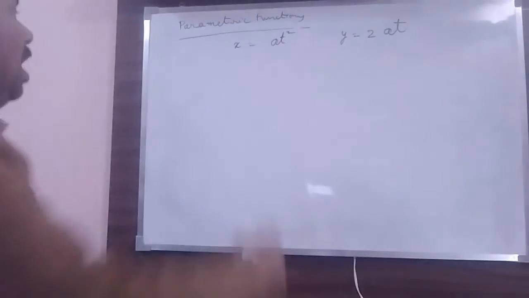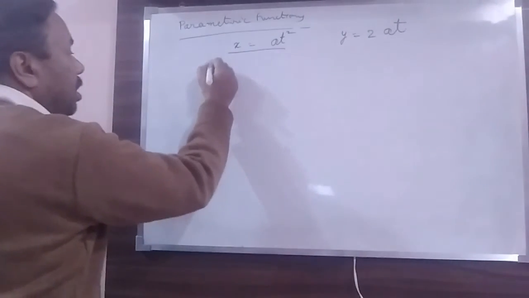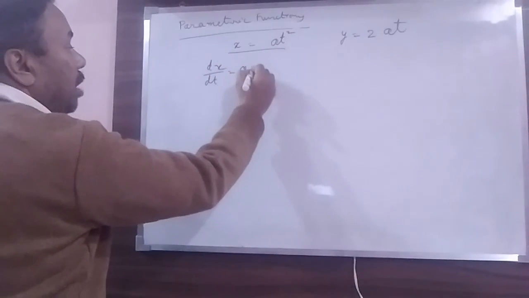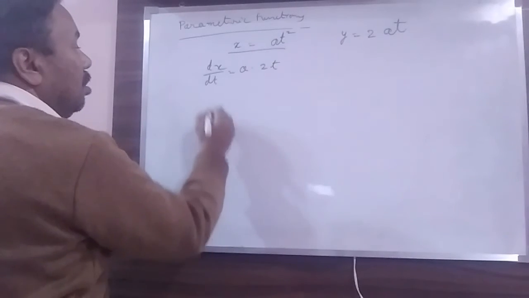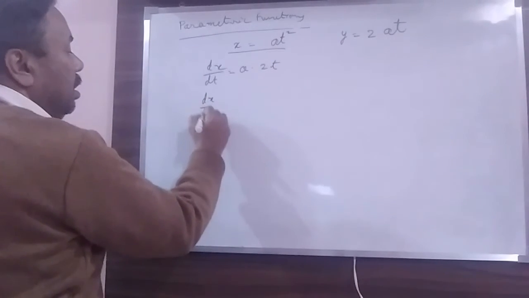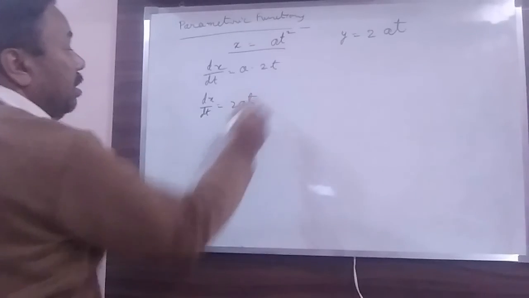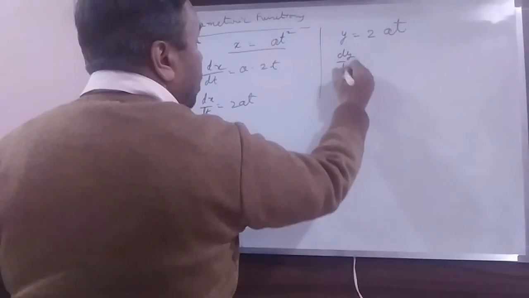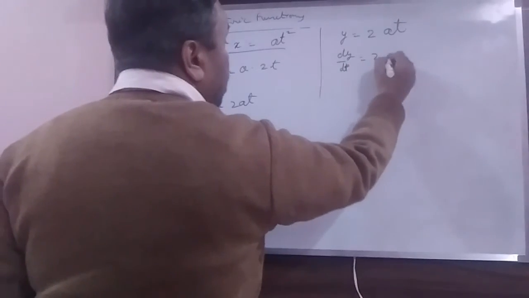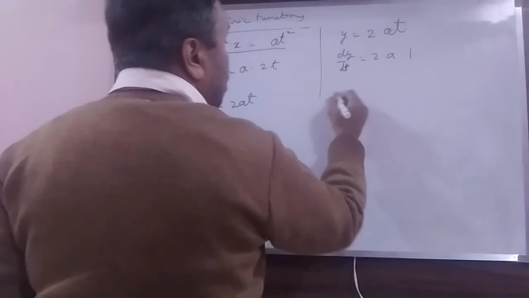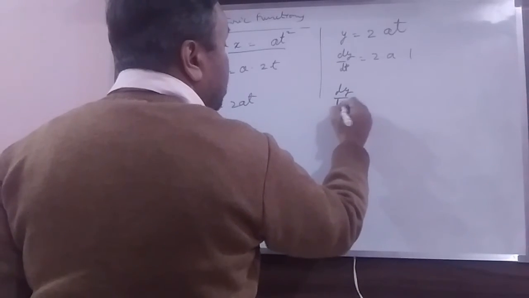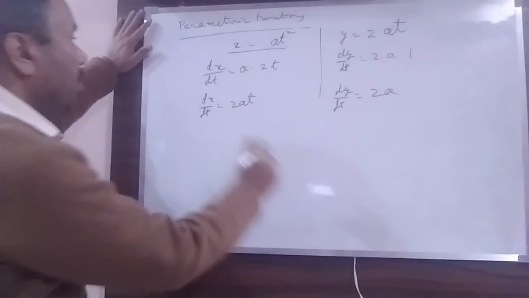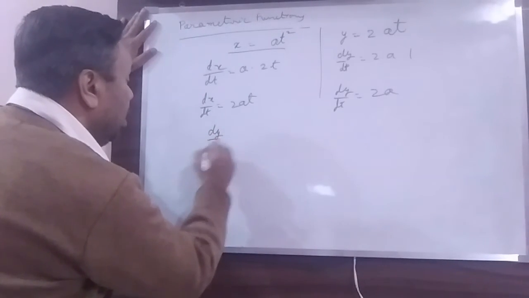First I will differentiate this. So dx by dt equal to a multiplied by 2t, so dx by dt is equal to 2at. Again, dy by dt equal to 2 into a into 1, so dy by dt is equal to 2a. Got it? Now I have to find out dy by dx.